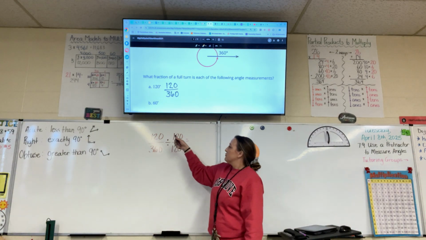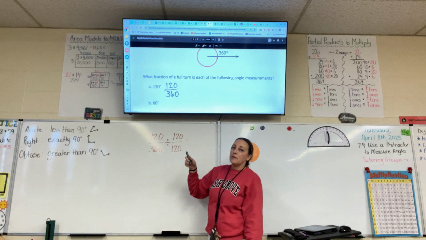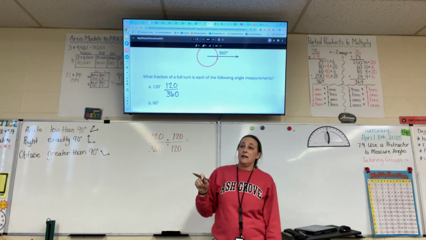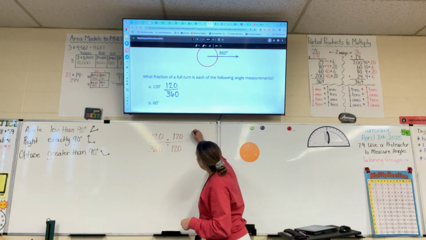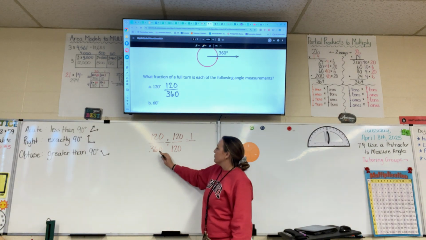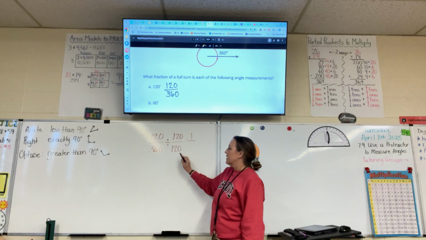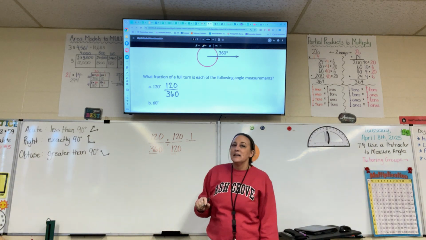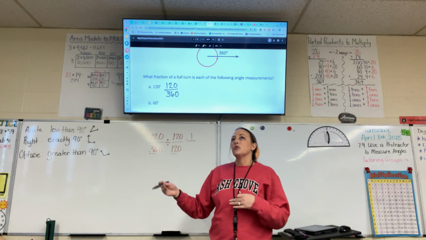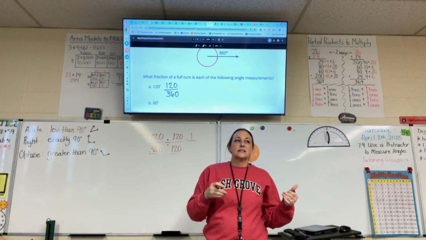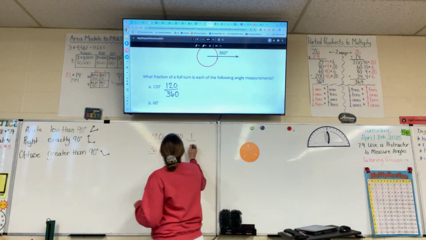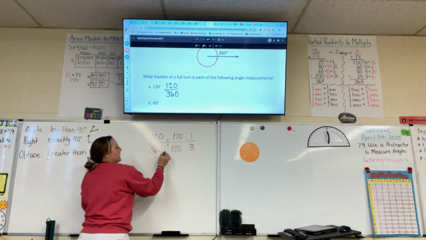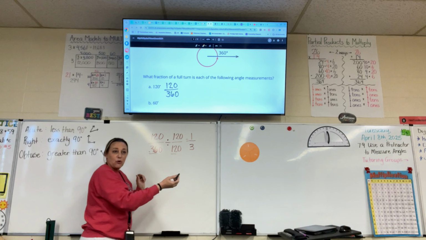We have 120 kids divided by 120 cookies. How many cookies does each kid get? 1. Okay, now if I have 360 divided by 120, let's look at this first as a 36 divided by 12. How many groups of 12 are there in 36, Audrey? 3. And since we're dividing, you remember when we are multiplying, we bring all the zeros over.